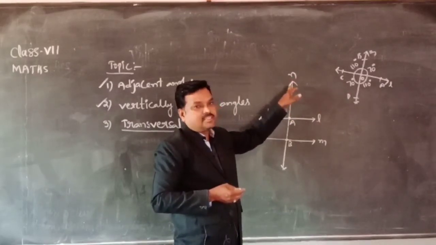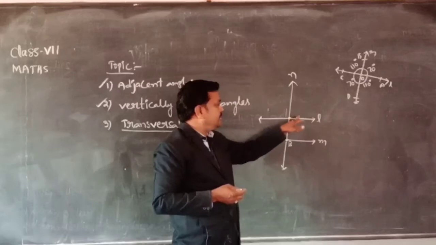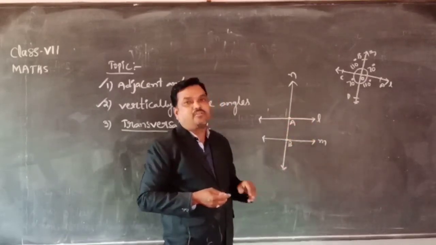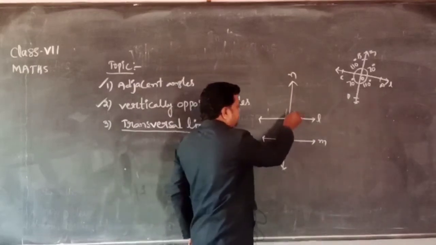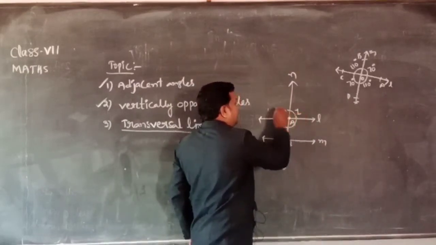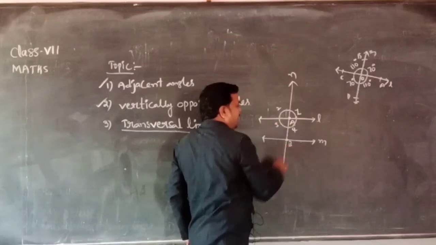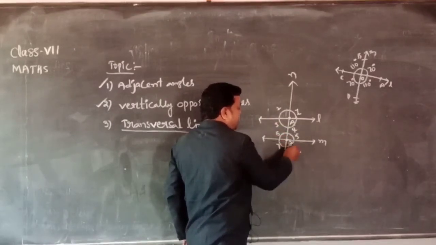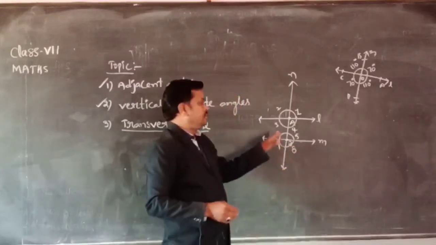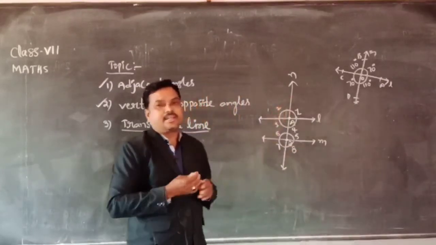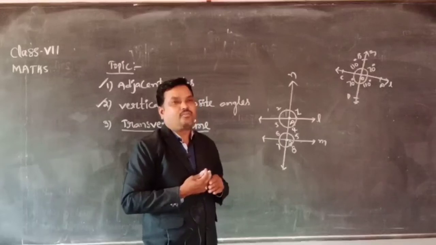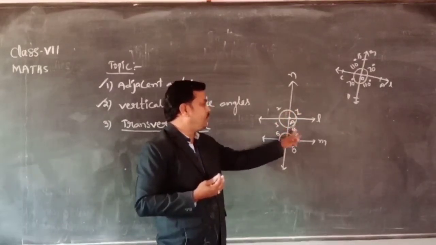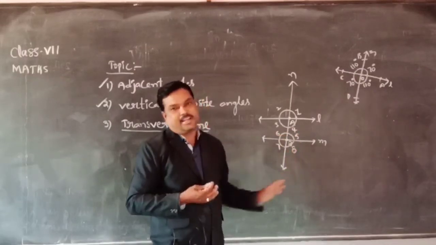When the transversal intersects two lines at two different points, it forms angles: angle 1, 2, 3, 4, 5, 6, 7 and 8. So this transversal makes a total of 8 angles.